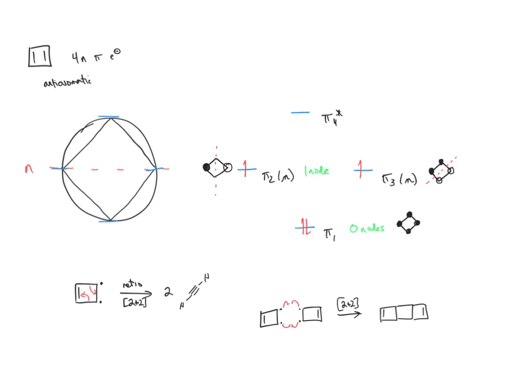In the case of pi 4 star, we've got 2 nodes. And so we've got 2 nodes kind of looking like an X. And as we cross the nodal plane, we're going to change the phasing. And so it's going to look very simple, alternating up, down, up, down.